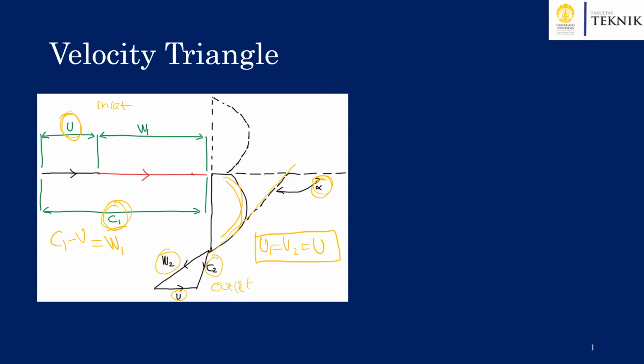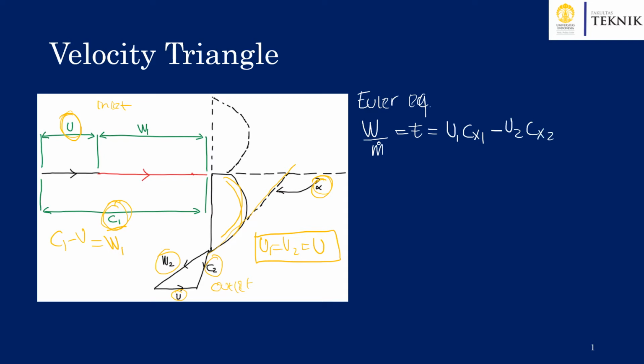Now let's talk about the Euler equations for the Pelton wheel. We know that the work per mass flow rate, equal to E, the energy equation or the Euler head, is equal to U1 multiplied with Cx1 minus U2 multiplied with Cx2.